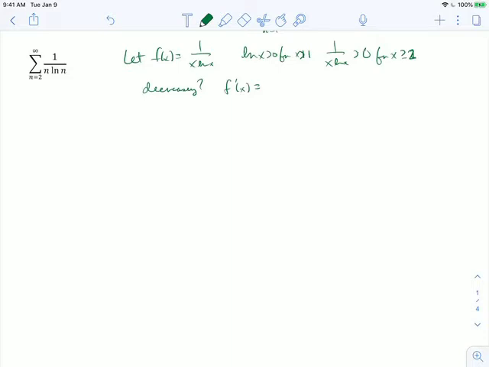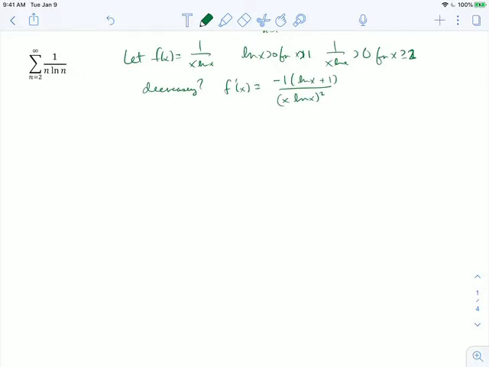That's going to be the derivative of the numerator, which is 0, times the bottom, which just is going to be 0, minus the numerator times the derivative of the denominator. We use the product rule for that. And so I'm going to get natural log of x plus x times 1 over x. So that's going to give me natural log of x plus 1 squared.